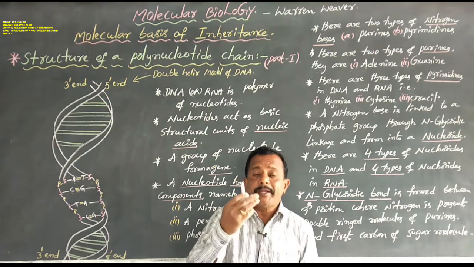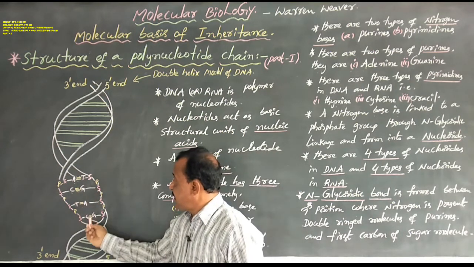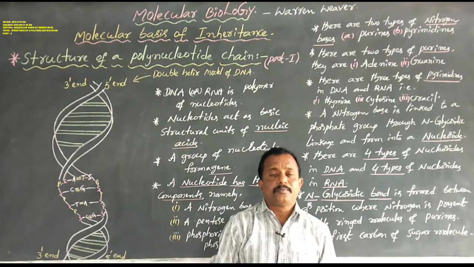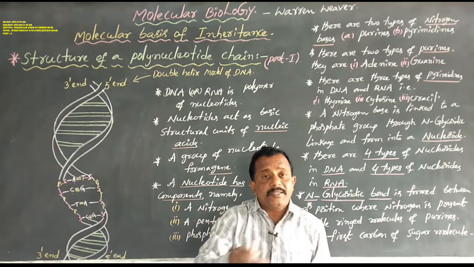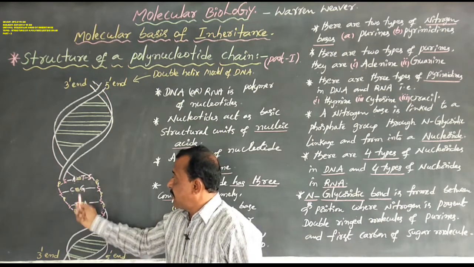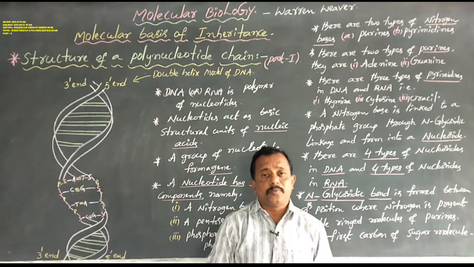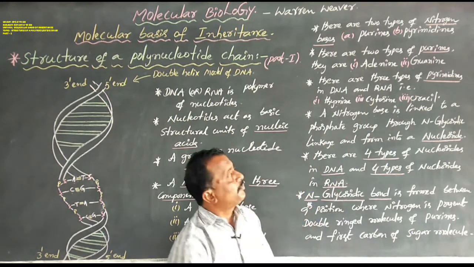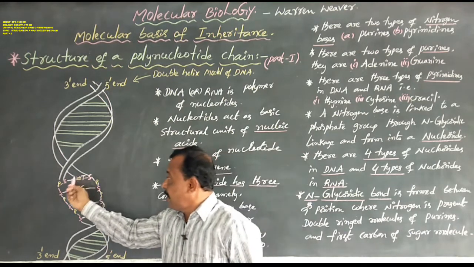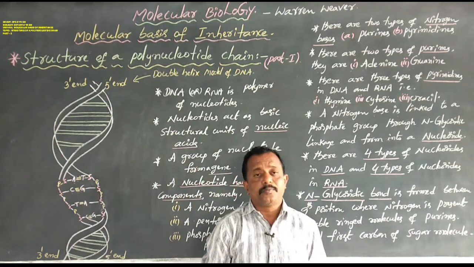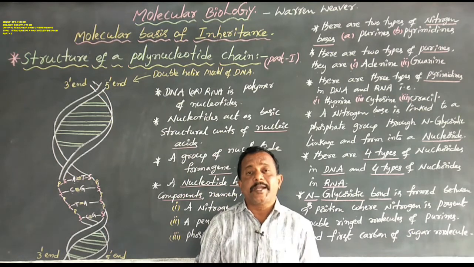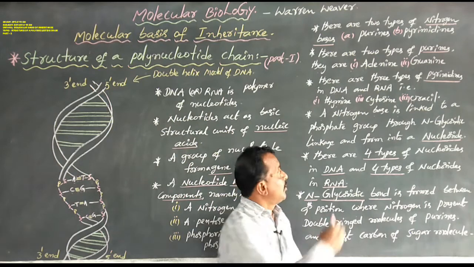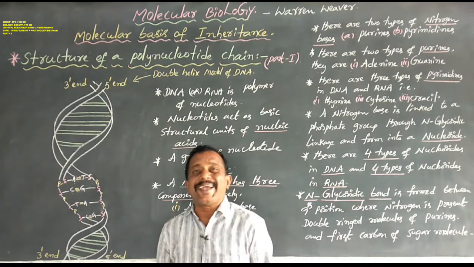Nucleotide means a nitrogen base, sugar and phosphate group. A nitrogen base is linked through N-glycosidic linkage, that is nitrogen glycosidic linkage, and forms a nucleoside.